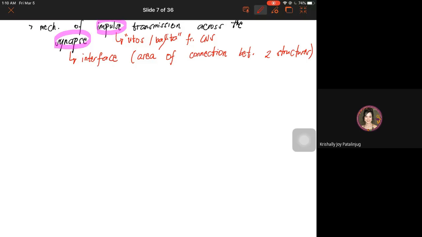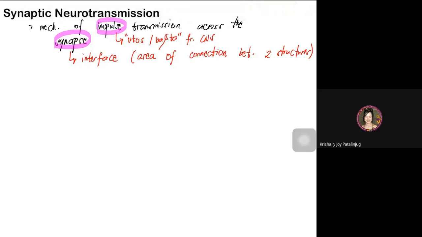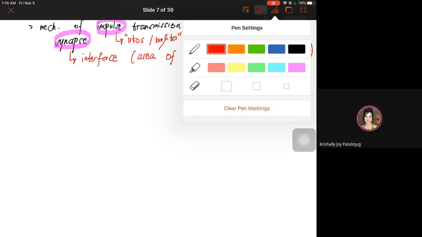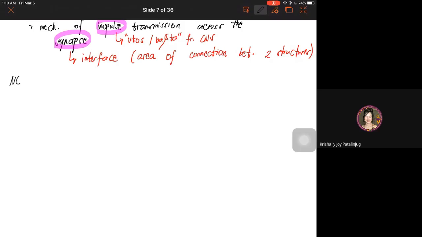what particularly is the meaning of synaptic neurotransmission? To understand, remember that the nervous system, as highlighted earlier, is a discontinuous system. I have highlighted this earlier. What does discontinuous system mean?